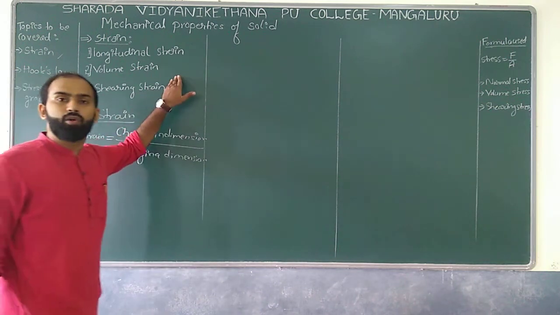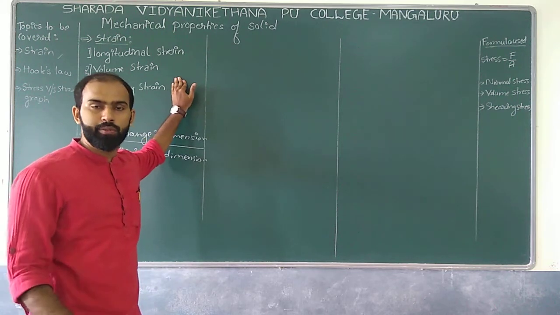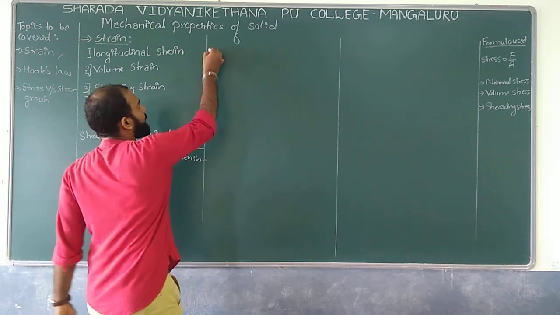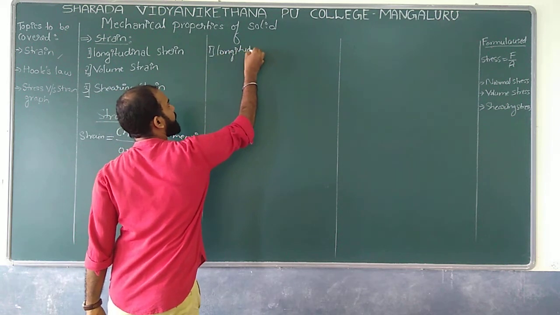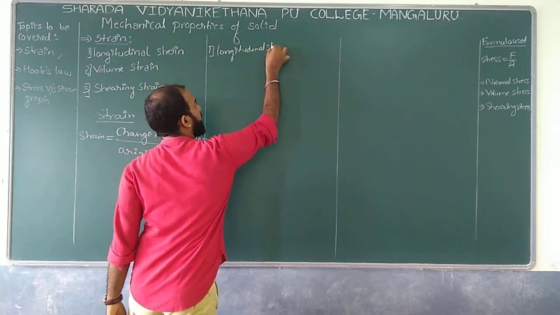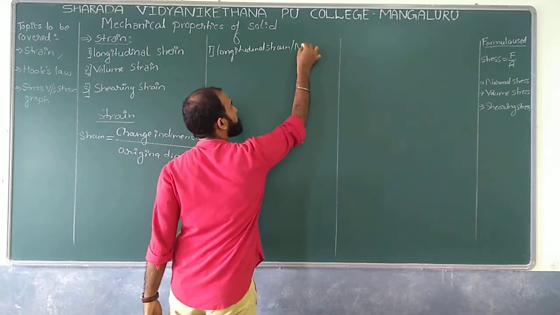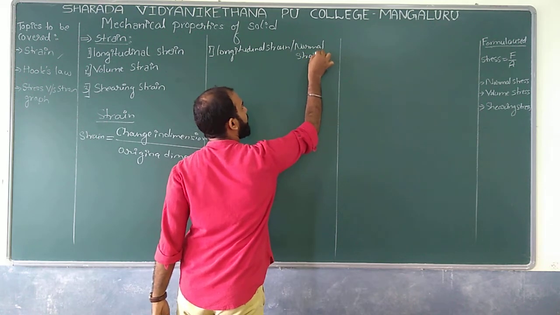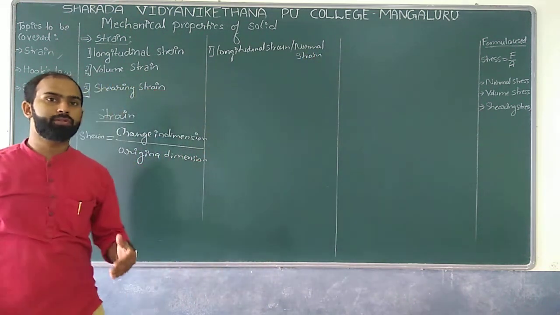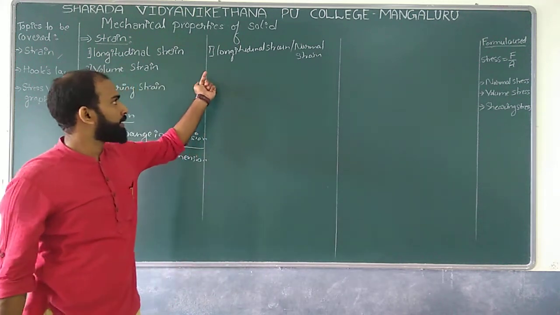As you know, we can classify it into three different types. The first one is the longitudinal strain, and this is also called normal strain. In examination, if they ask to define normal strain or longitudinal strain, it is nothing but the same.